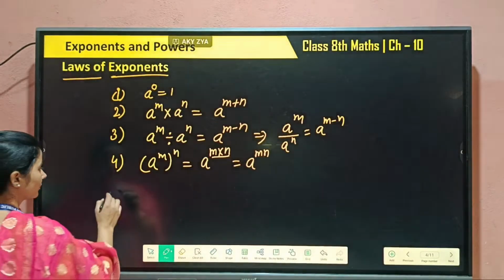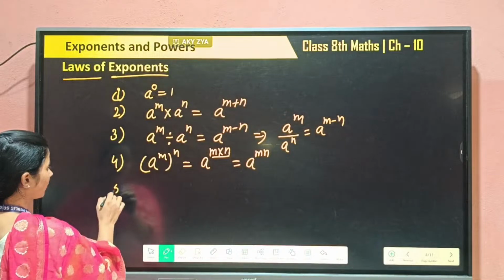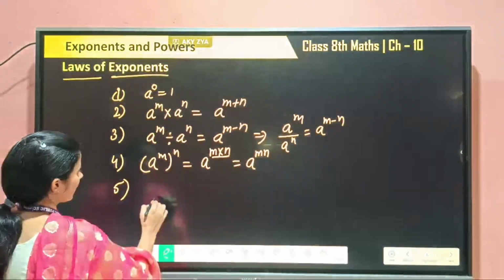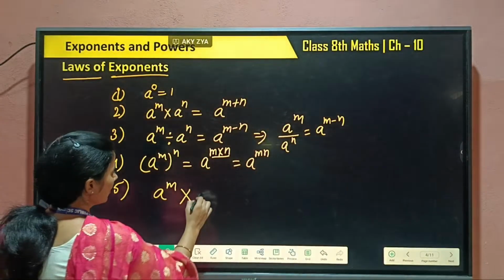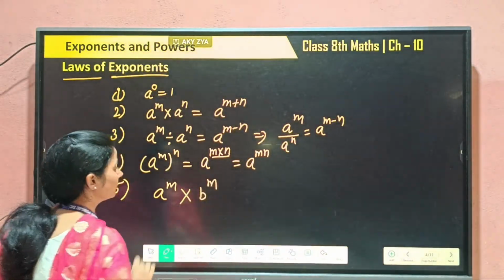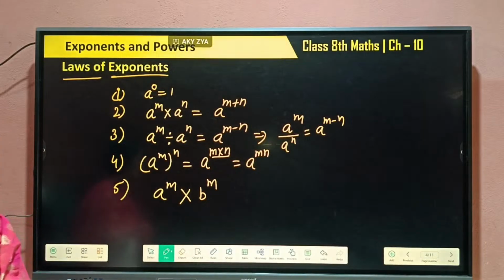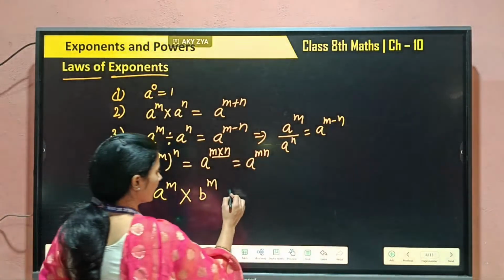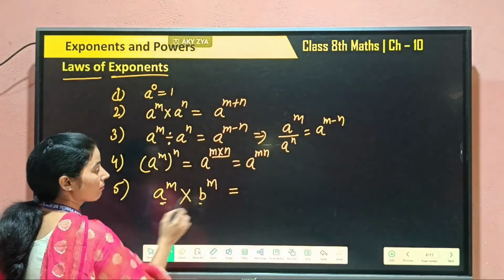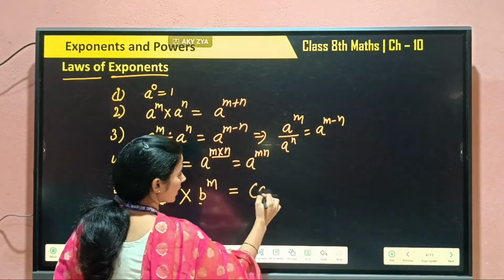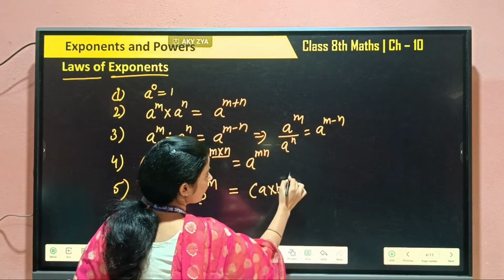Next, what is the fifth? A raised to power m into b raised to power m is given to you. Then you can take this power common and combine these bases. Means a into b whole power m.